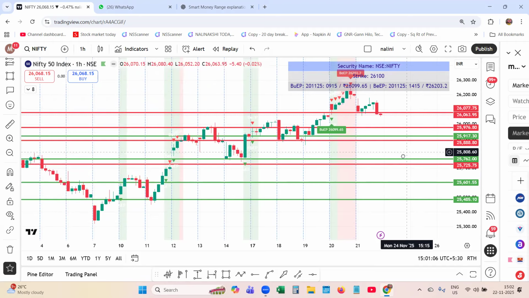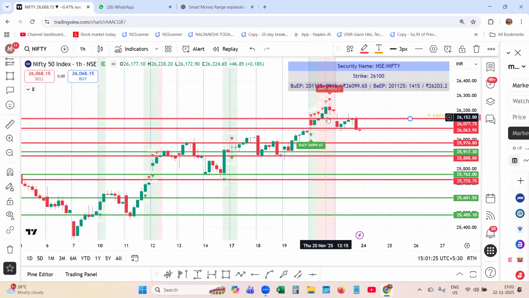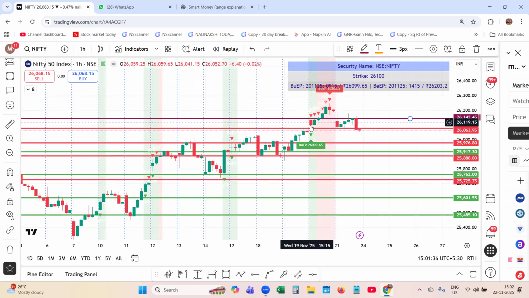And again, on 19th November, both bullish and bearish EPs were recognized. For bearish, this will be the new one. Since it is new, let me make it a little bit dark.